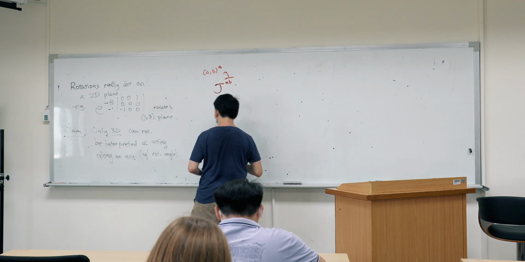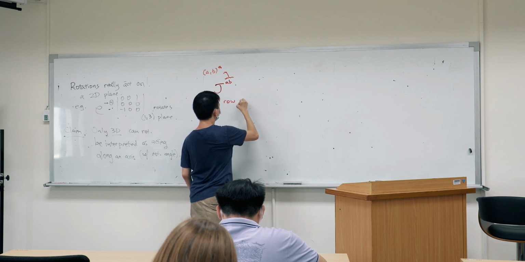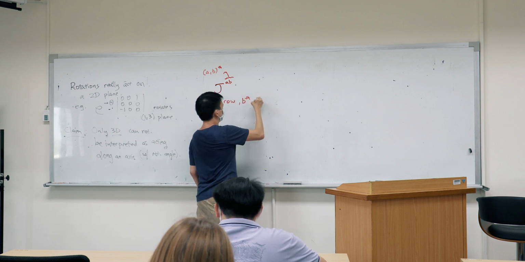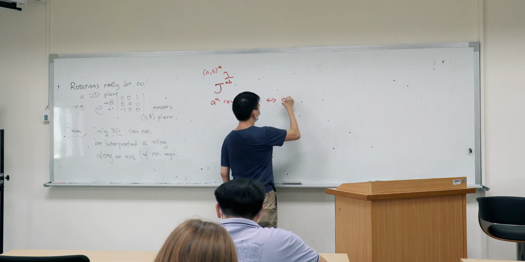So maybe I'll write it back. The A-th row and the B-th column is the entry with 1.